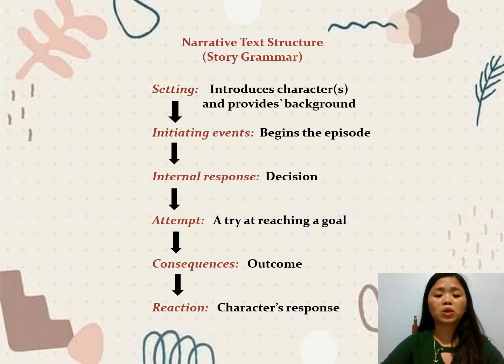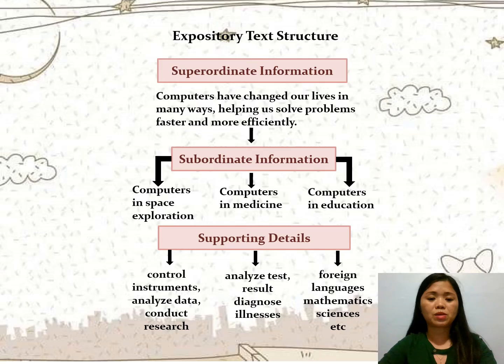And then the internal response, the decision, wherein the tortoise accepts the challenge, and the attempt, a try at reaching a goal. Next is the consequence, the outcome, and the reaction, which is the character's response. So now let's go to expository text structure.